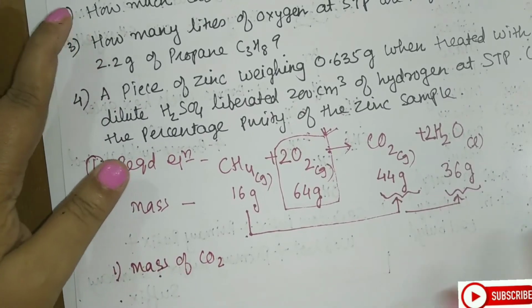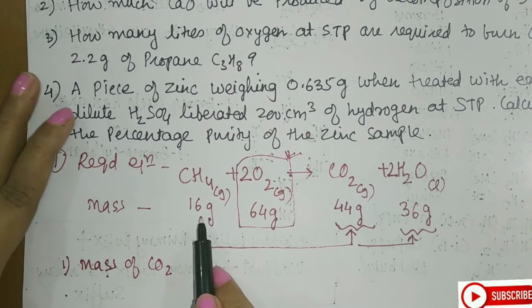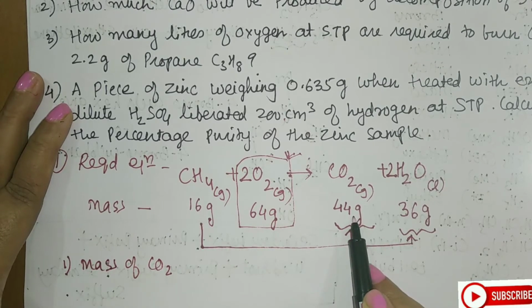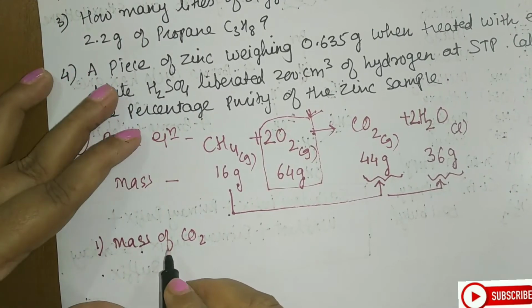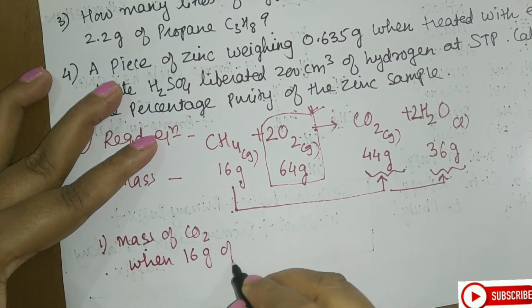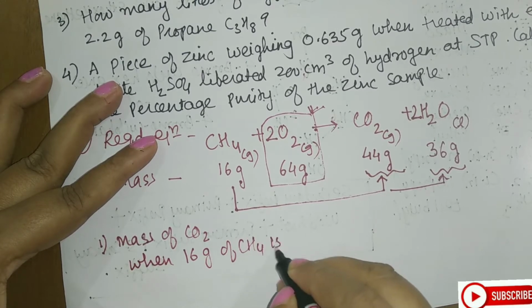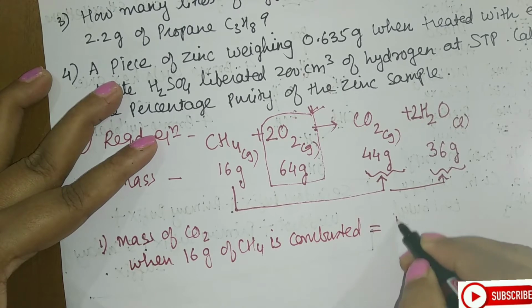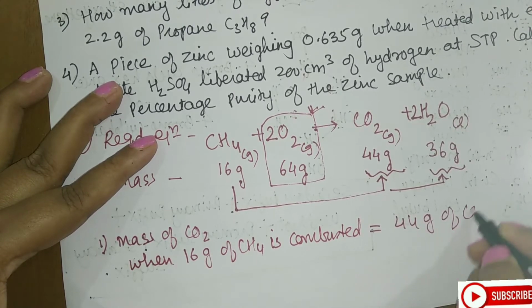So students, what will be your first equation? When I burn 16 gram of methane, I get 44 gram of carbon dioxide, right? So let us write down the first statement. When 16 gram of methane is combusted, then 44 gram of carbon dioxide is formed.